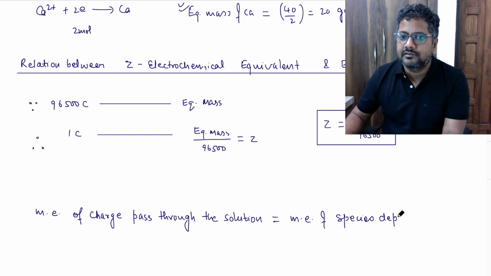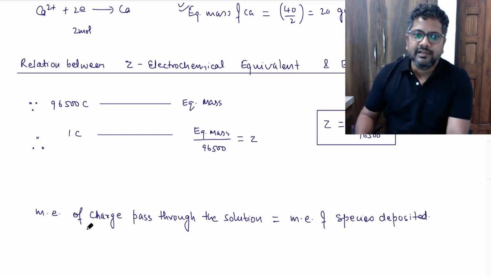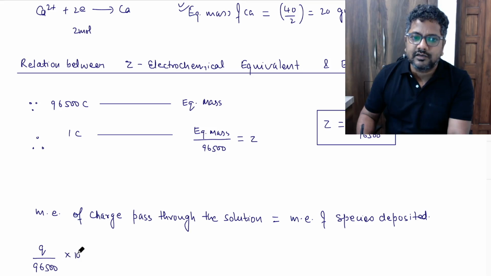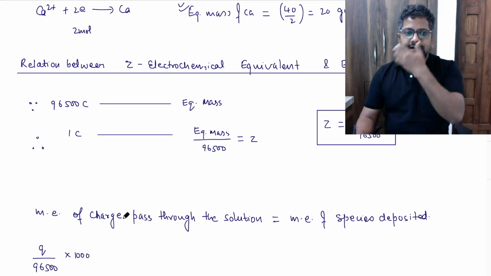This is the master formula. Milliequivalents of charge you can write as Q by 96500 into 1000.